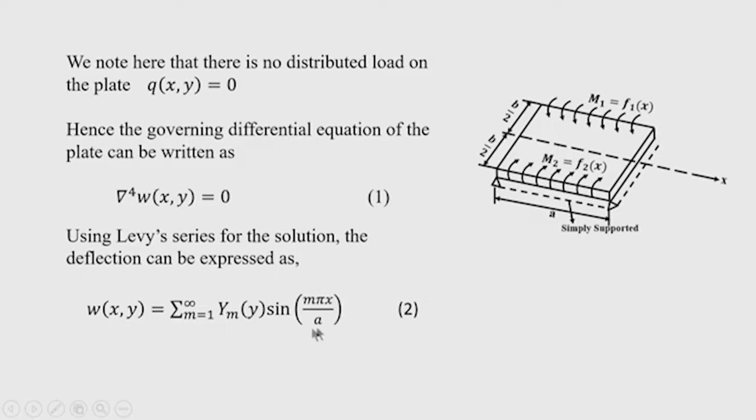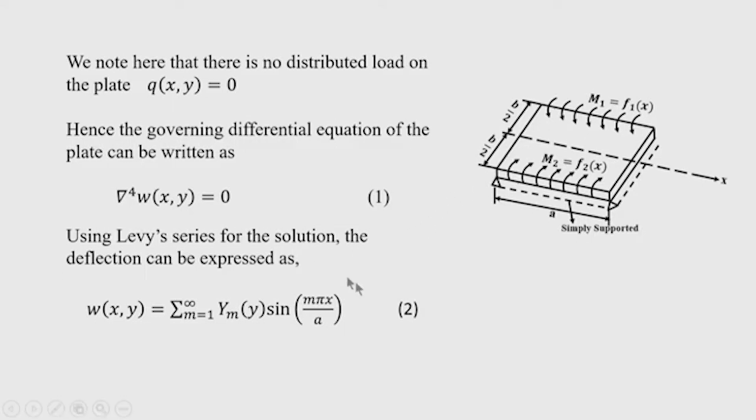So, it satisfies the condition at x equal to 0, x equal to a. But for the other edges, the boundary condition is simply supported, but it contains edge moment. So, sin(m pi x by a) will not directly satisfy the boundary condition here, because the edge moment condition has to be applied to find out the solution of the boundary value problem.